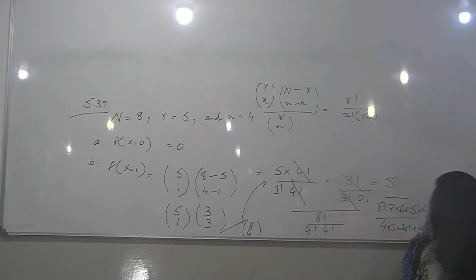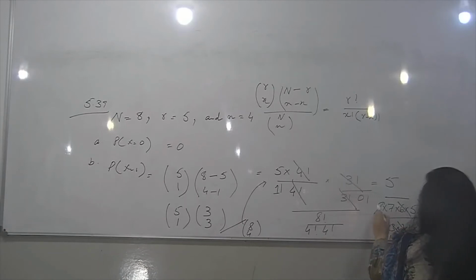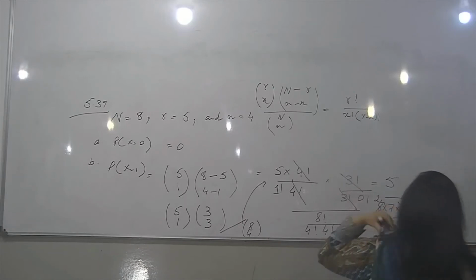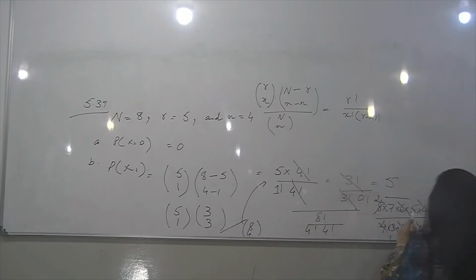And the other I'm going to be writing as 4 factorial. And this 4 factorial with 4 factorial gets cancelled. And this, now you can see 6. And this is 2. So now you can just multiply this with, so this is 14 into 5. 5 4s are 20. So this is actually 70.